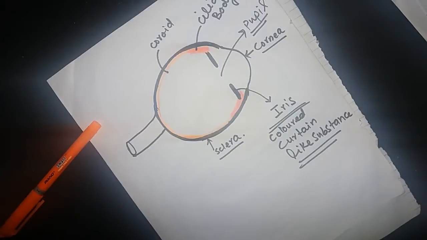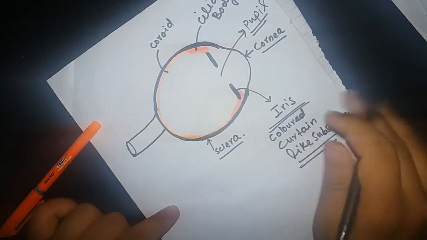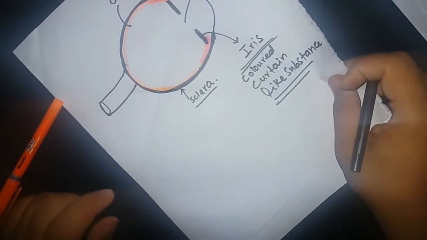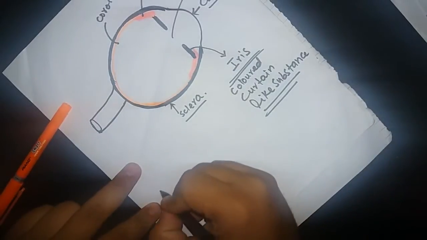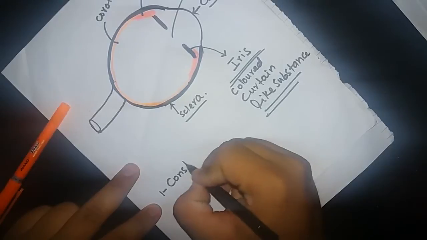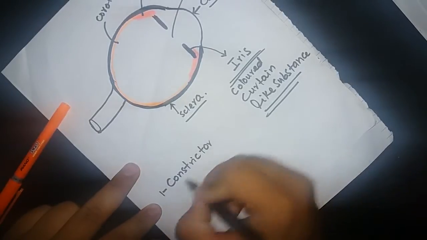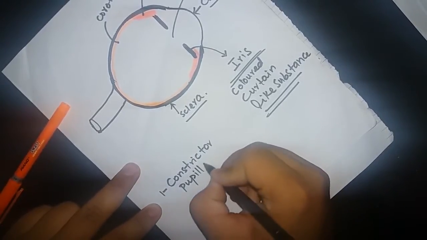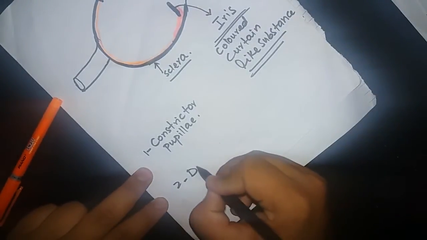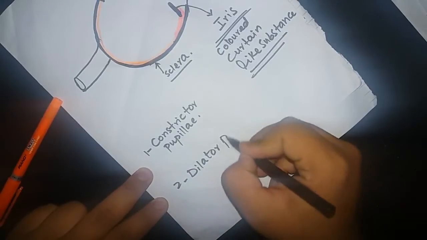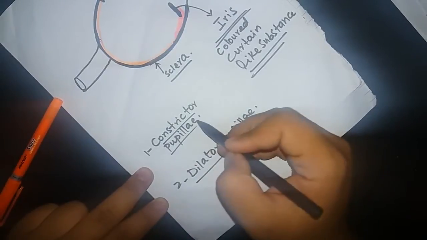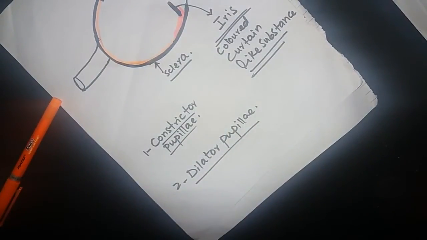Now the iris has two types of muscles. One is known as the constrictor pupillae, the second one is the dilator pupillae.